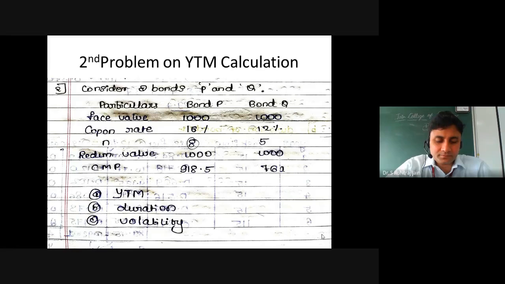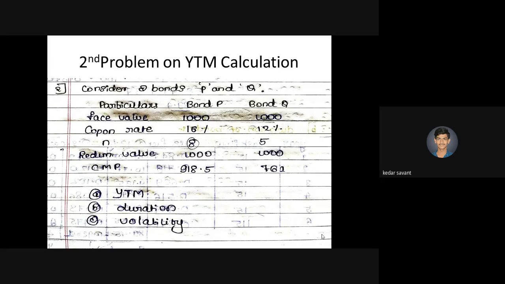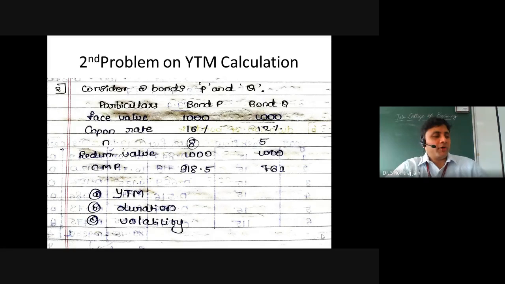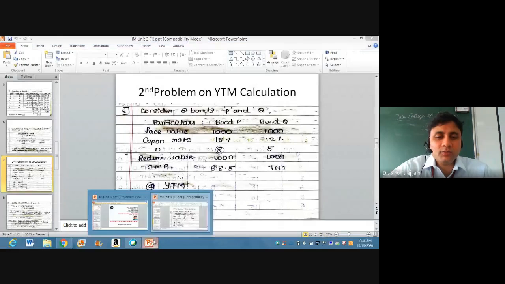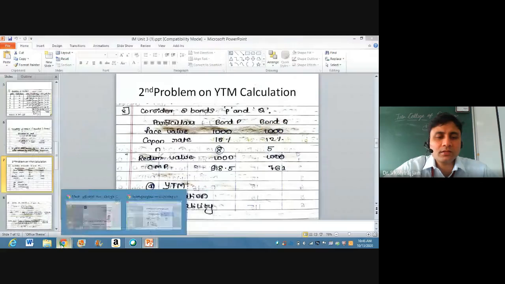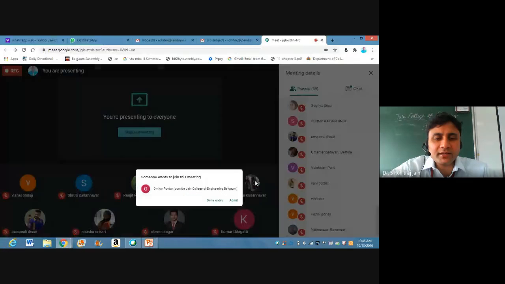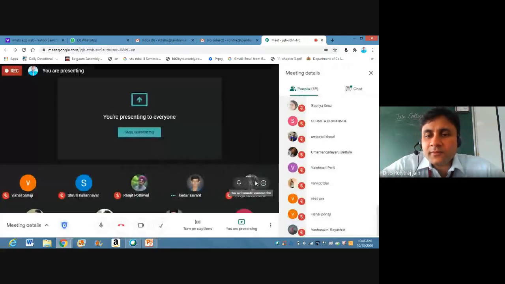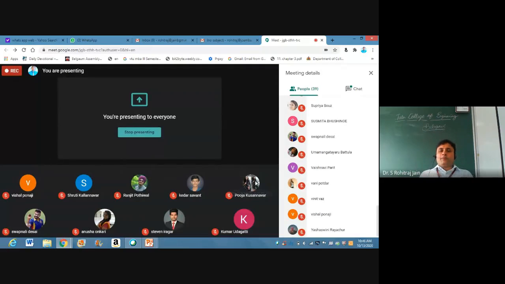Anybody? $2.75, sir. 2.75. We will wait, let others also solve. Who is this? Sir, it's Kedar. Kedar, very good. Okay. Any student? Supriya?